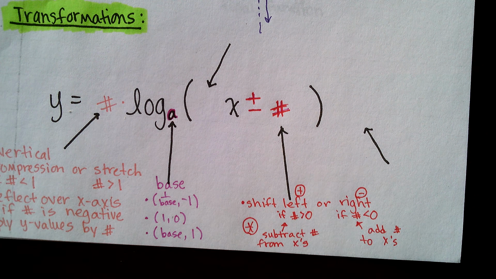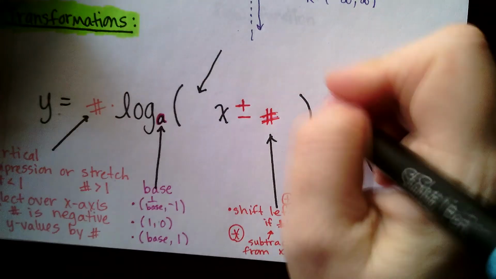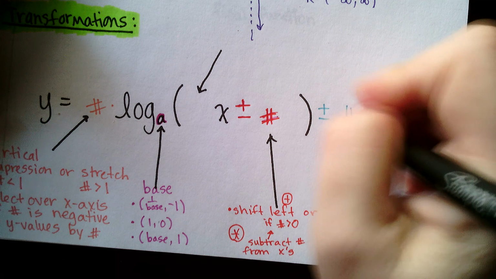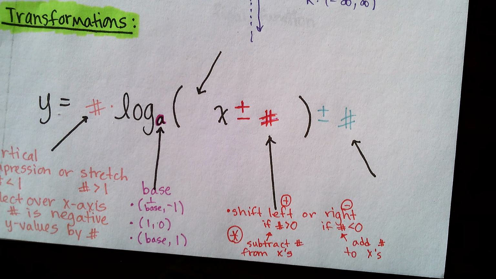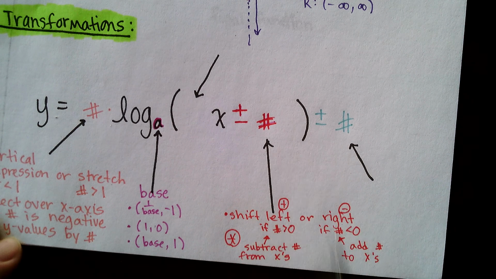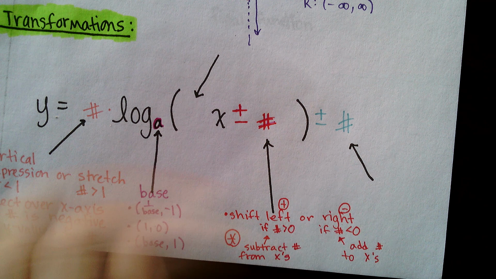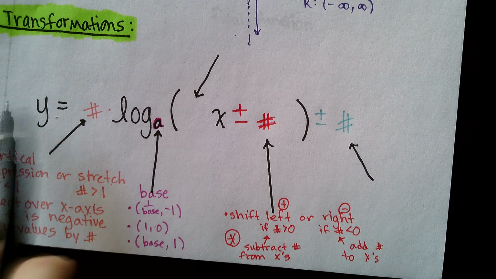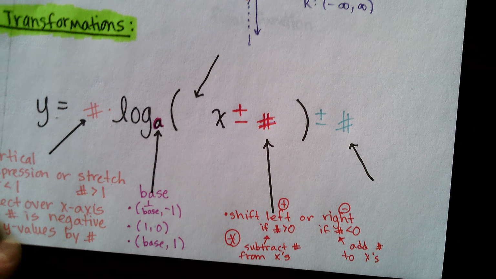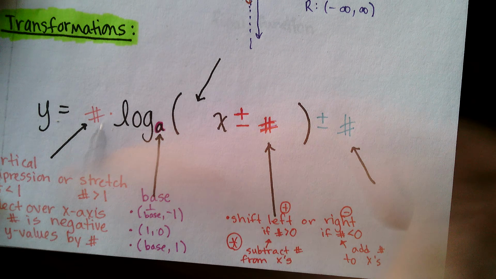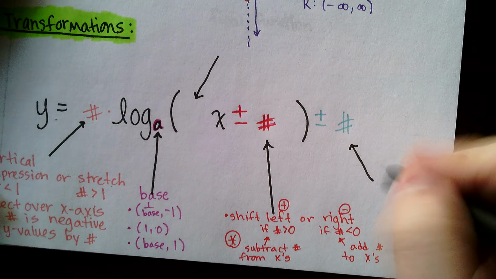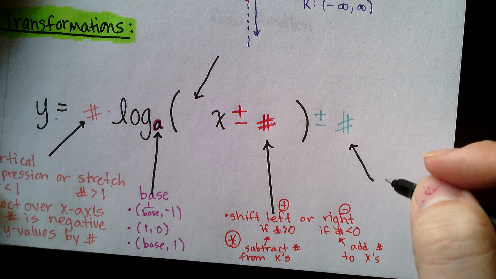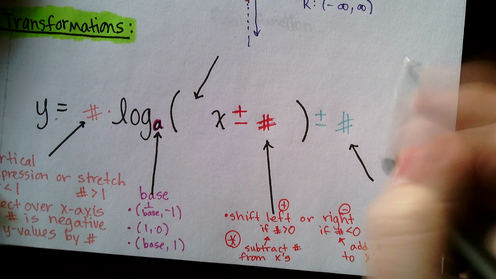All right, if we have a number added or subtracted that's not inside the logarithm, so it's either after the parentheses or it might be in front, like 7 plus or minus log base a of something, but it's not multiplied, it's added or subtracted, that is going to be a shift up or down.